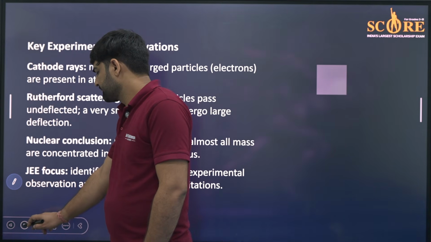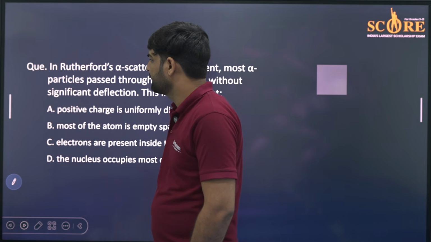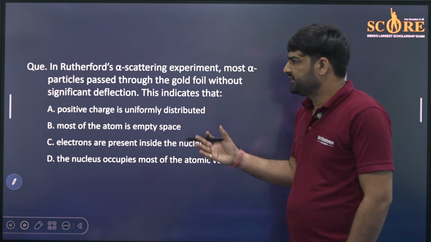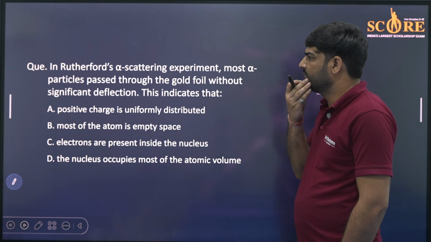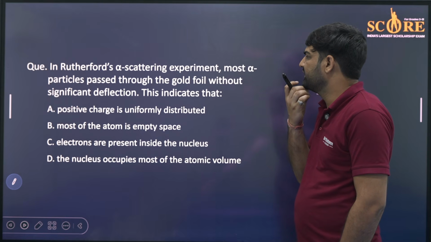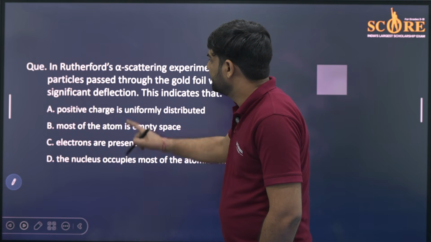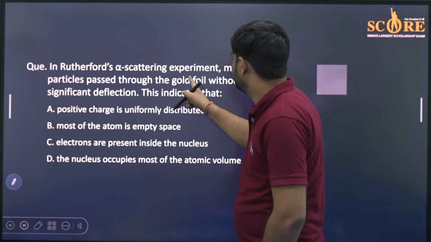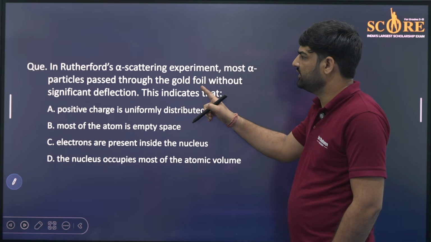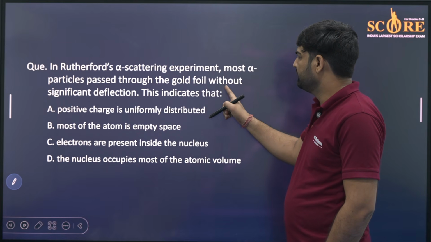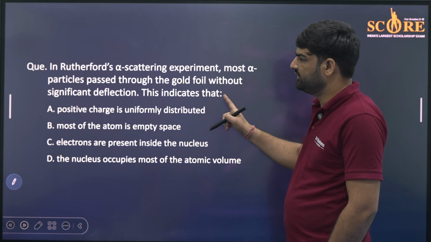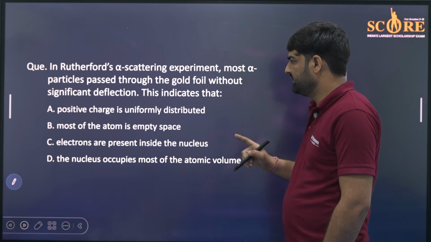Then this is a simple question regarding Rutherford alpha particle scattering experiment. In Rutherford's alpha scattering experiment, most alpha particles pass through the gold foil without any significant deflection. This indicates that.